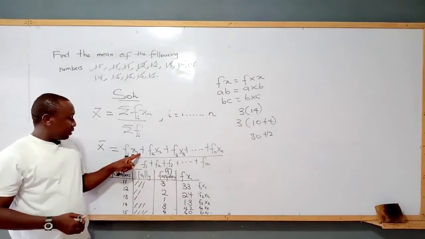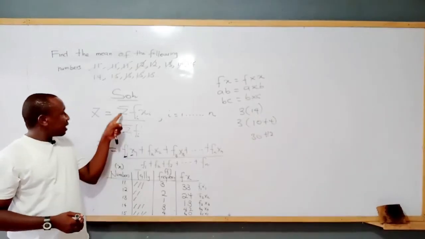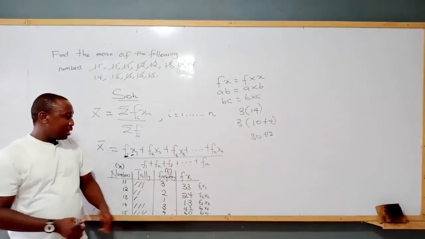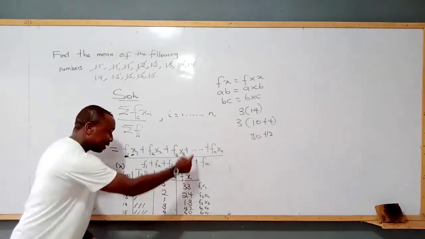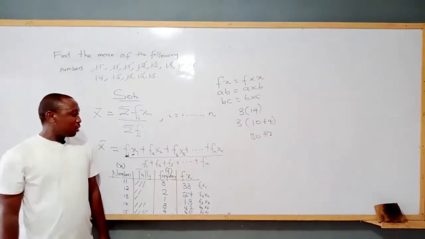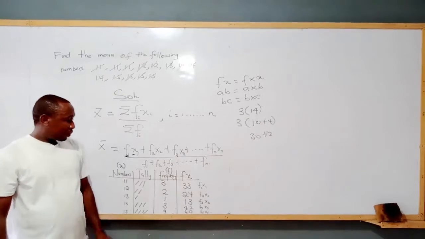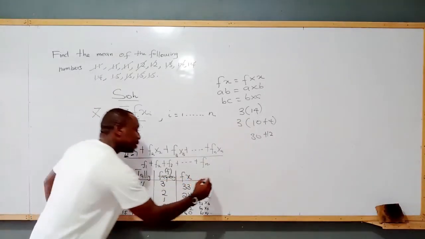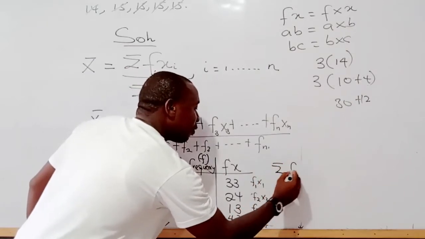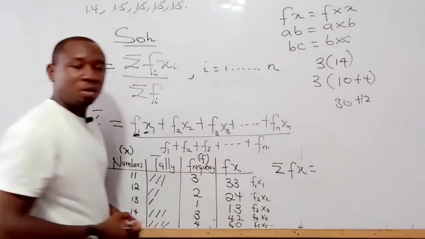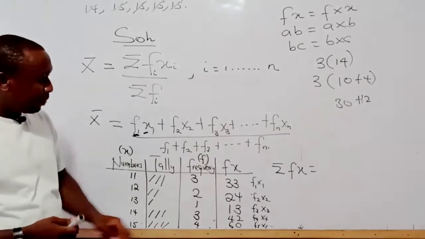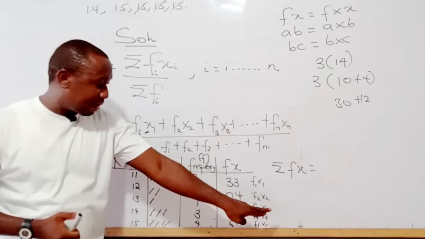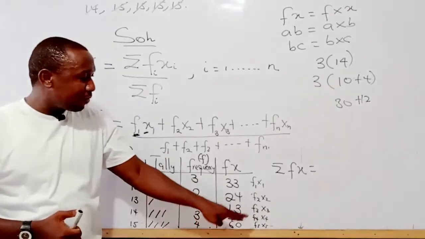That is the meaning, because the formula says sum all the FiXi's. So we sum everything here. That is why when students are doing the calculation, after getting fx, they just write the sum of fx is equal to. But the actual thing is F1X1, F2X2, F3X3, F4X4, F5X5.